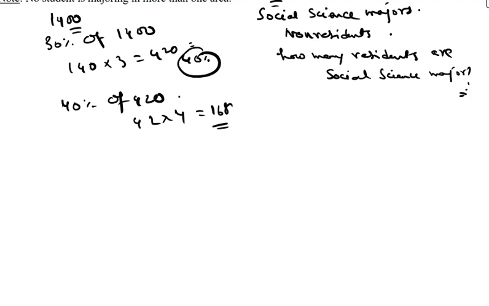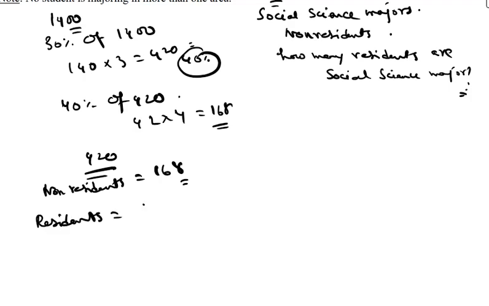Now we are asked how many residents are social science majors. Total social science majors are 420, non-residents 168. So residents must be the remainder. So residents will be 420 minus 168, that is 252.